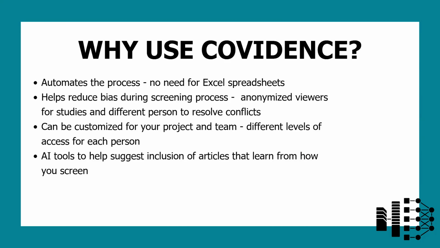One of the reasons it's nice is it automates the process. Way back in the day, you would have an Excel sheet with every single one of your articles listed, and then you'd say, hello, friend, you will search the first 50 and decide whether or not to include them. You will also search the first 50, then you get the second 50, so on and so forth.